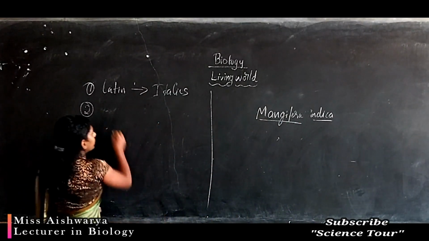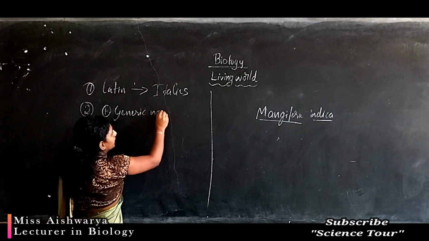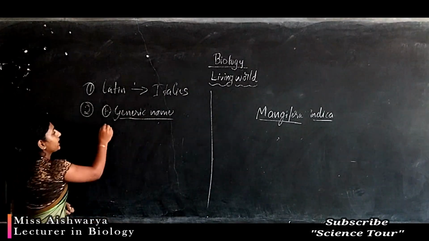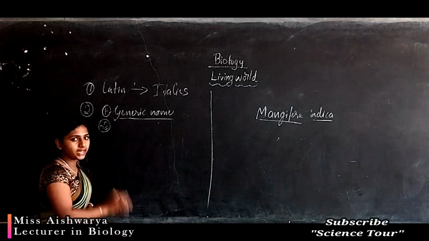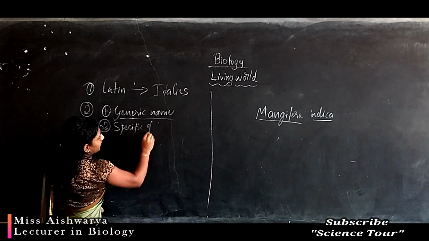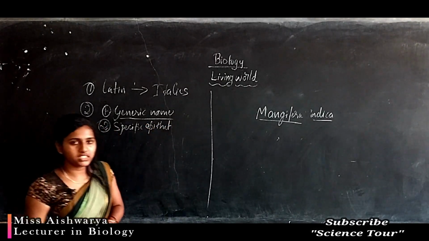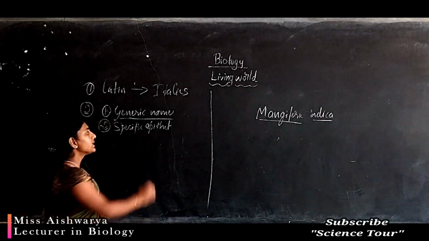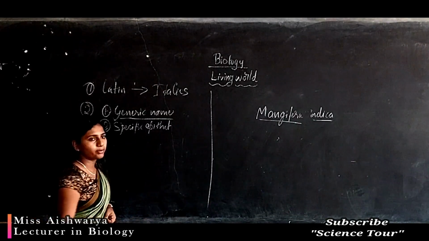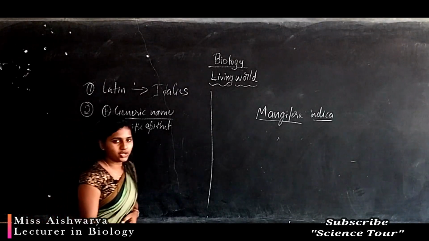The first component is the generic name, which represents the genus name, and the second word should always be the specific epithet, which represents the species name. First word is the generic name, that is the genus name. Second word is the specific epithet or species name.